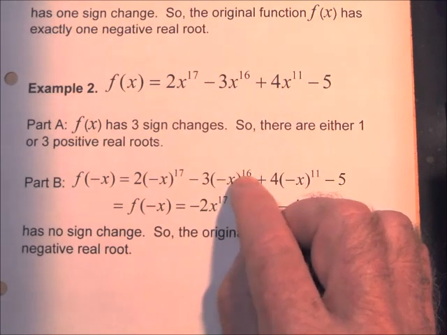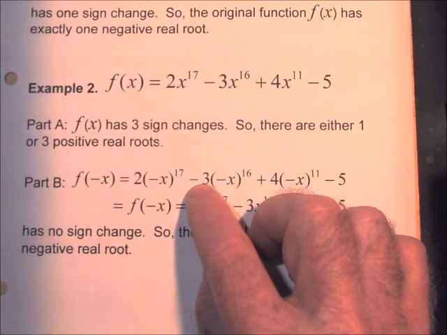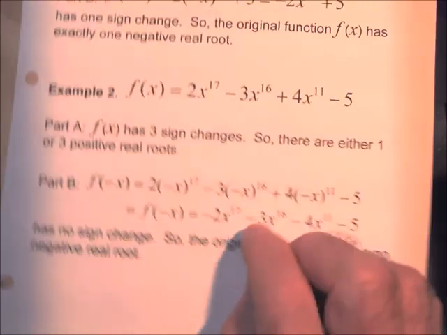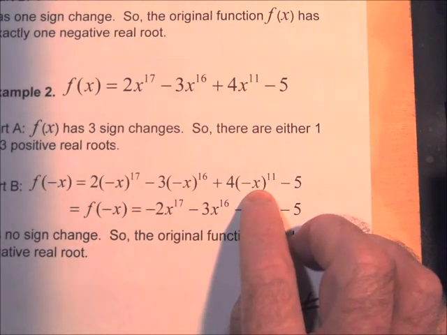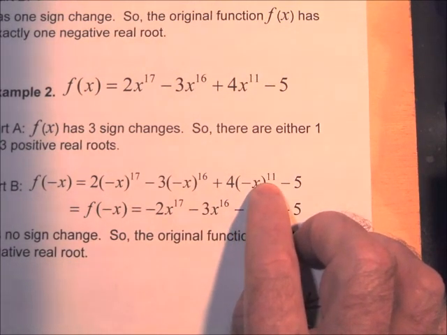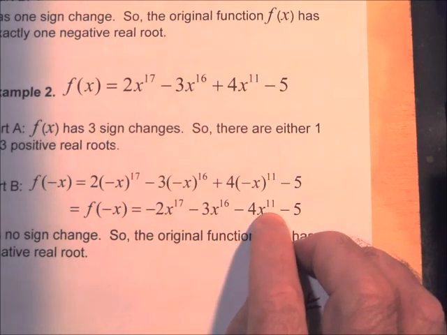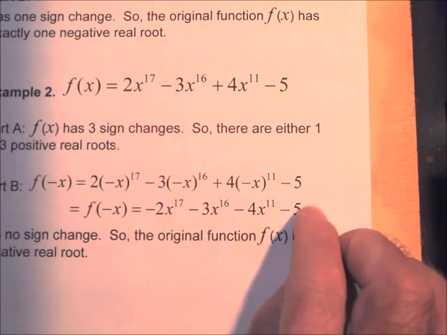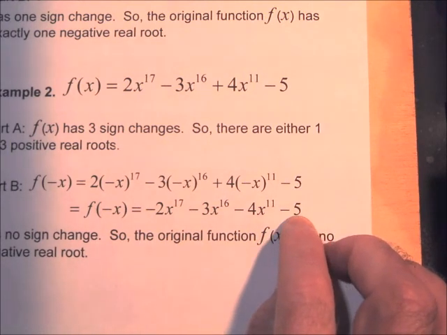A negative sign to the 16th power is going to be positive, but we already have a minus sign in front of the 3, so that's still going to remain negative. Negative x to the 11th, a minus sign to an odd power, is going to be negative, so that'll make this negative 4x to the 11th. And the last term is just copied the way it is, that's negative 5.